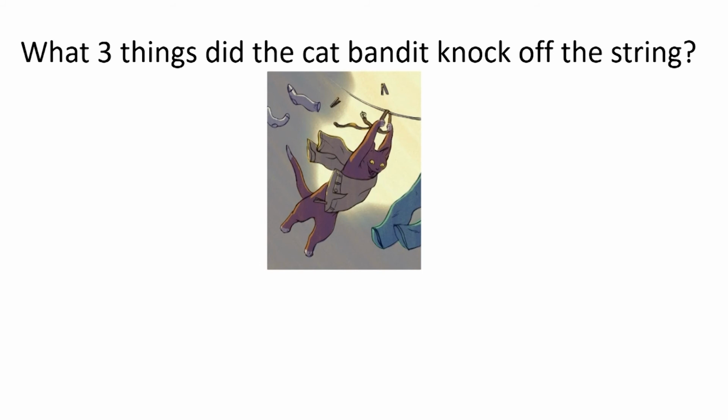Did I hear someone say socks and pants? Okay. There's one more thing. It's not in the picture. We're going to have to think back to the beginning of the story. And what was the third thing?